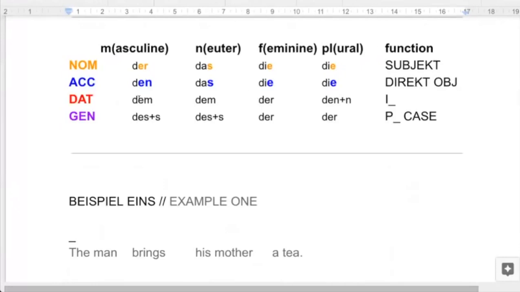Then we have the dative. You see it's a completely different set of endings. I will not go into this extra n here. And that's another lesson. The dative, we said, has to do with giving, and I mentioned that it is what you receive.